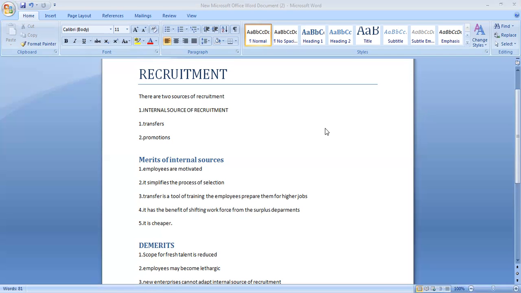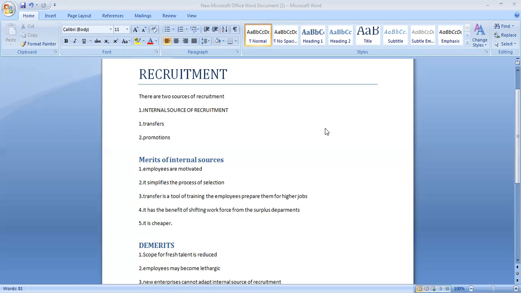Even when there are certain vacancies within the organization, for example the manager post is vacant, but a person in the assistant manager post is already working very effectively, the manager can promote that candidate from assistant manager to senior manager.